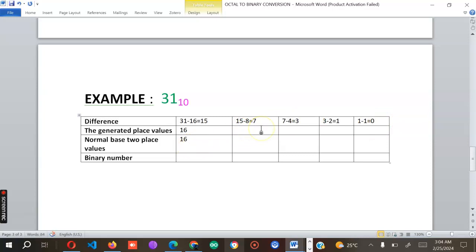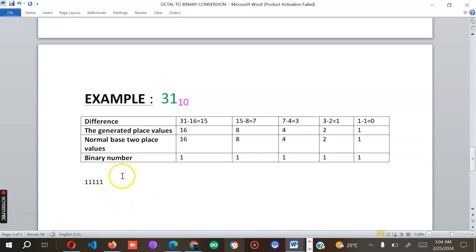Then the generated numbers, here we have 8, here we have 4, here we have 2, here we have 1. Then the normal is 8, 4, 2, 1. Remember the rules? Whenever it appears on the normal and the generated value, it is supposed to be 1, 1, 1, 1, 1. Therefore, the final answer will be 1, 1, 1, 1, 1.